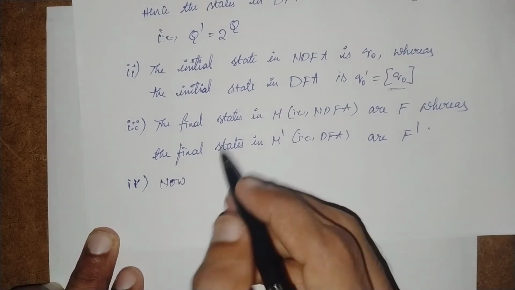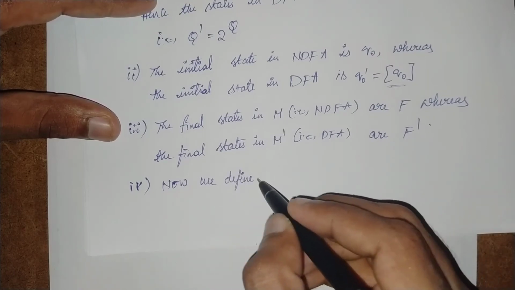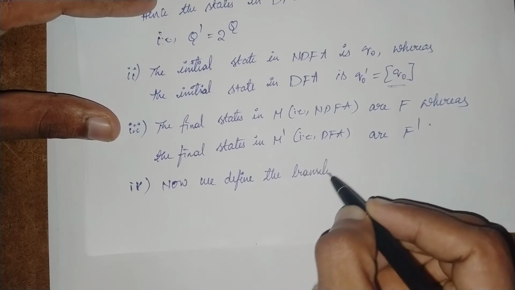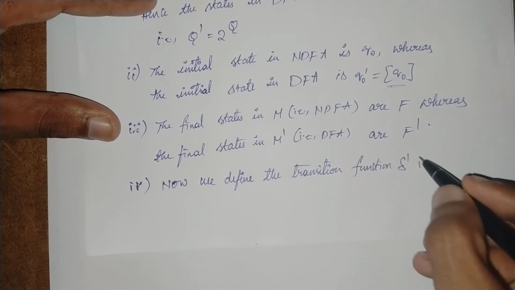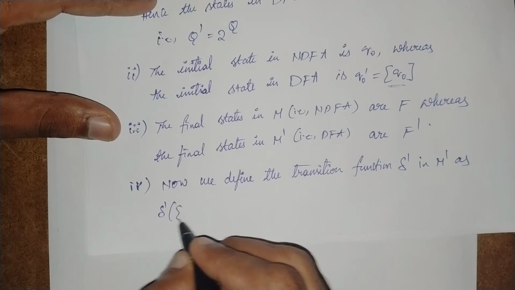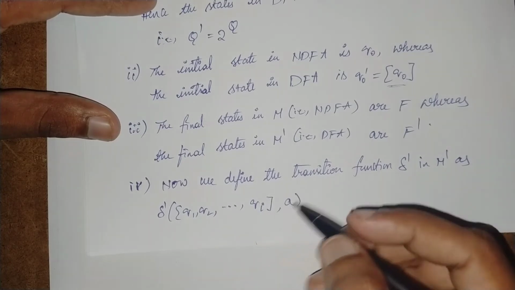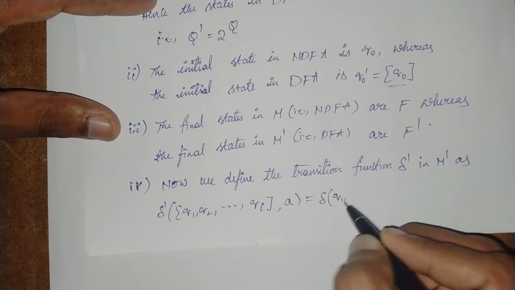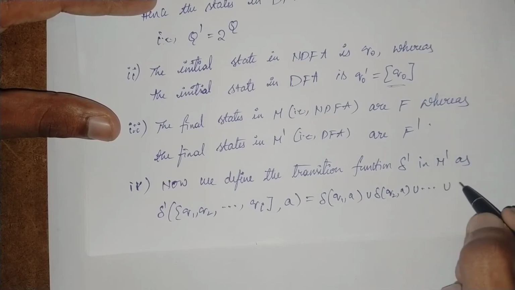So now we define the transition function delta dash in M dash as delta dash of Q1, Q2 and so on, Qi, and A, which can be written as delta of Q1 A union delta of Q2 A union and so on, union delta of Qi A.